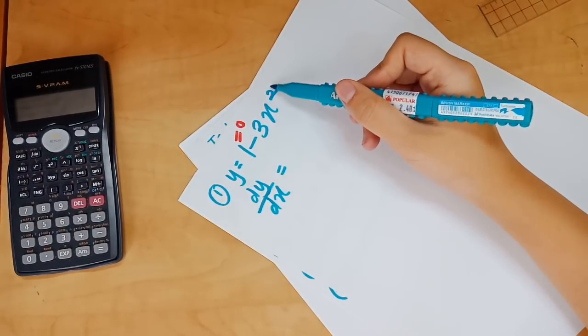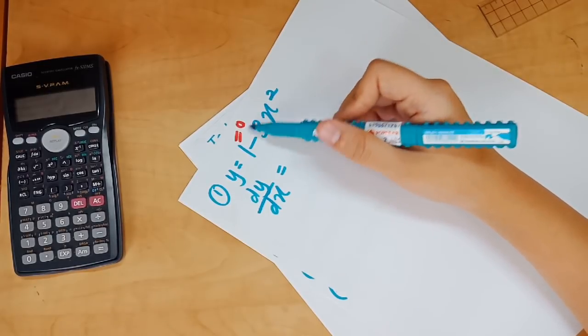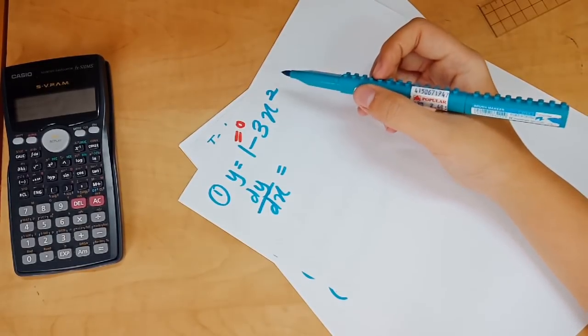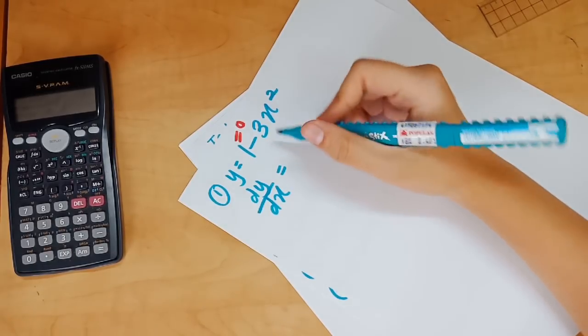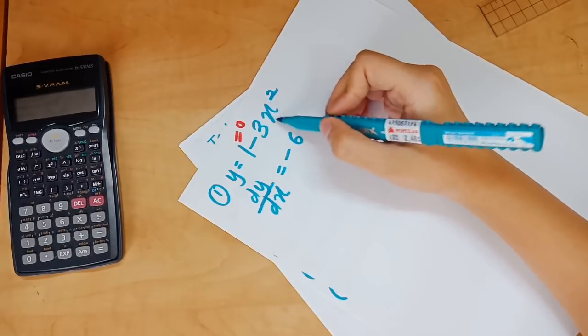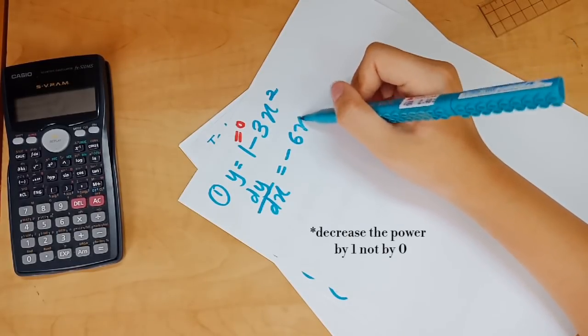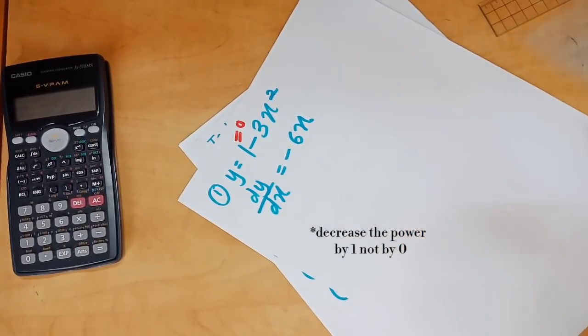So you have to take the power and times by the number in front of it. So 2 times -3, you get -6. So you write down -6, and you decrease the power by 1, so you get x. And your answer here is -6x.